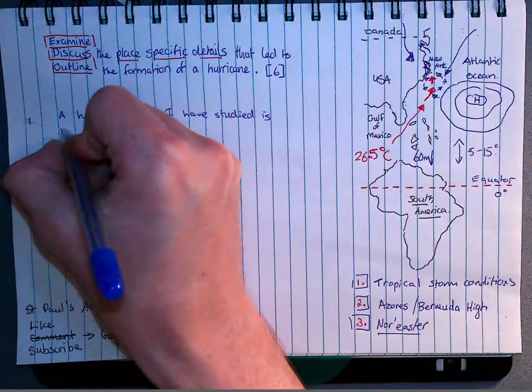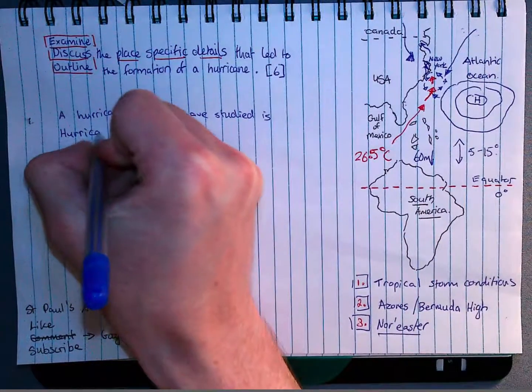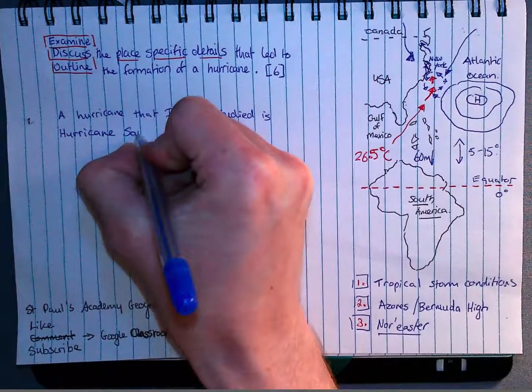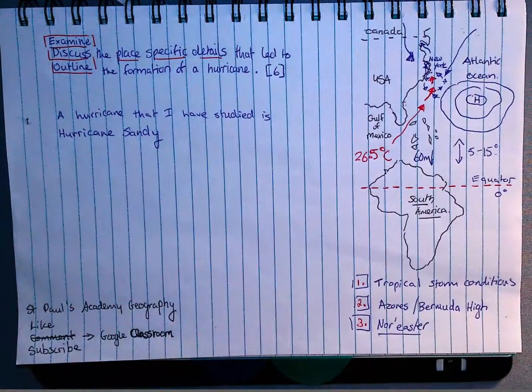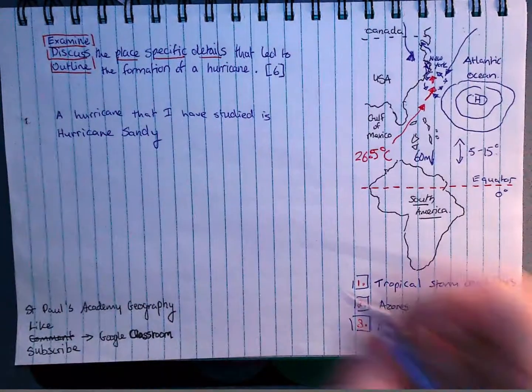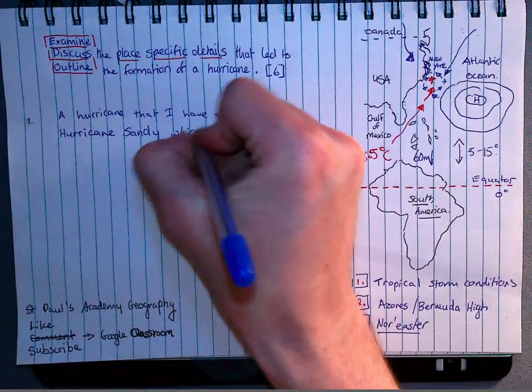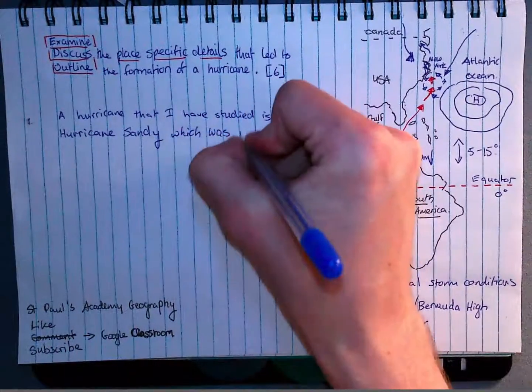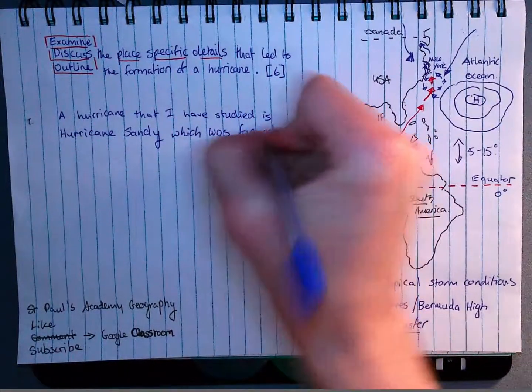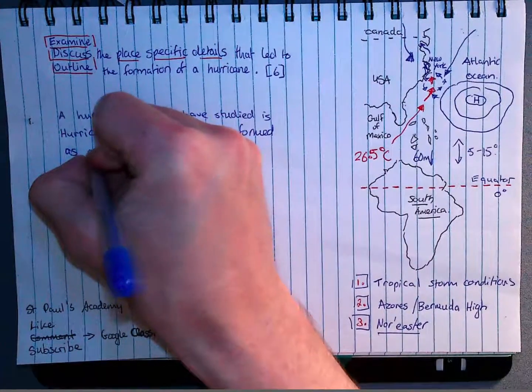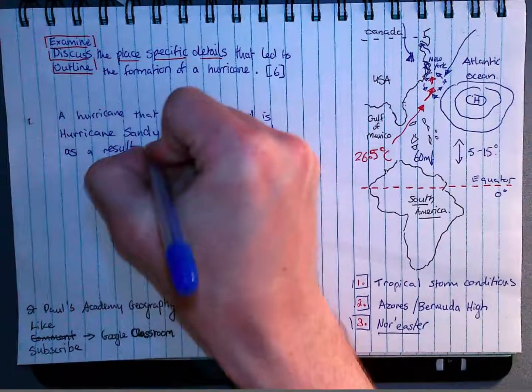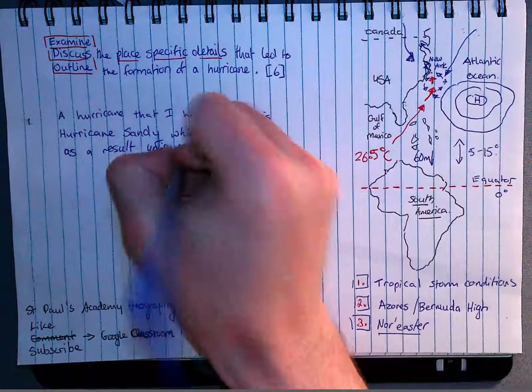And once we've done that, we want to outline what we're going to talk about in the rest of our answer. We're going to mention these conditions, which was formed as a result of unique northern hemisphere conditions.